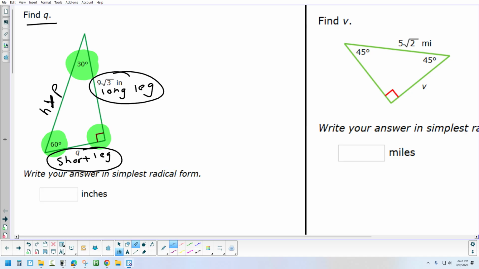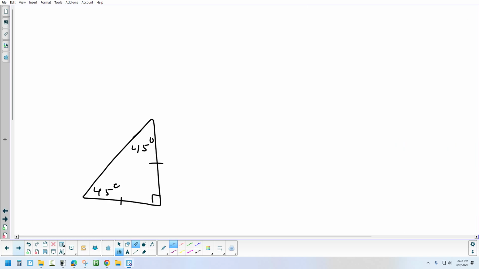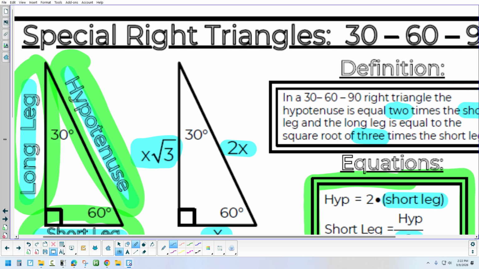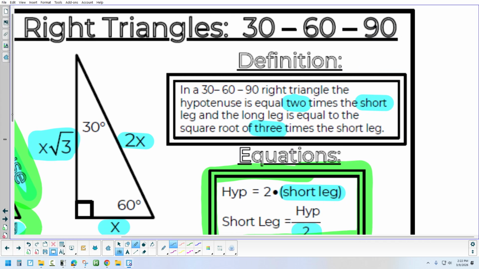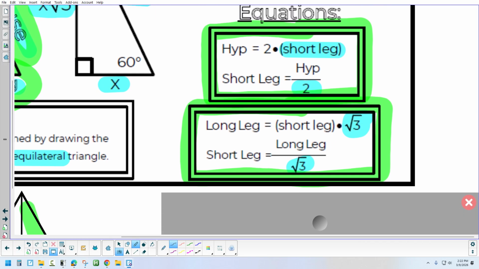Let's go back and look. Let's look at our formulas. Is there a formula in one of those two boxes that has short leg and long leg in the same formula?